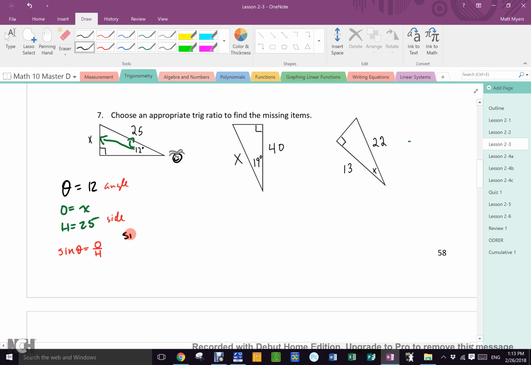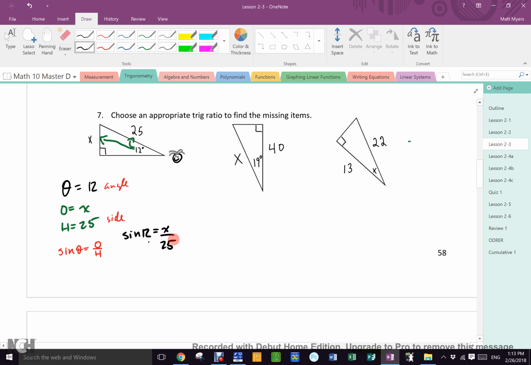Sine 12 equals O. What's O? X. It's unknown. Over hypotenuse. What's hypotenuse? 25. Now here is the only place you can go wrong. And the only reason you would go wrong is if you don't pay attention to algebra.